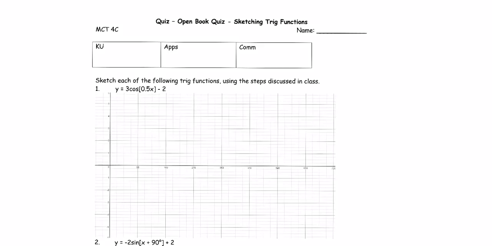Okay, for this open book quiz, all of the marks are the following. For knowledge, the marks are out of 9. For application, the marks are out of 11.